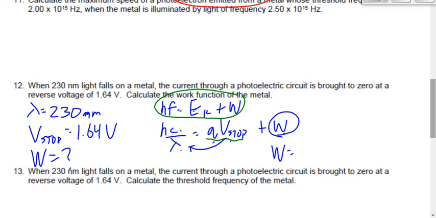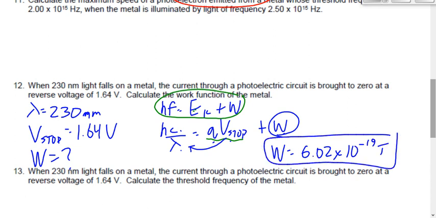We're going to get a work function in joules because we used joules. You get 6.02 times 10 to the minus 19. Now, if the question had asked for the answer in electron volts, you still would have had to use joules because of the one half m v squared, or qV stop, I should say. But if you got joules and you needed electron volts, you had to do the conversion at the end. That's all.